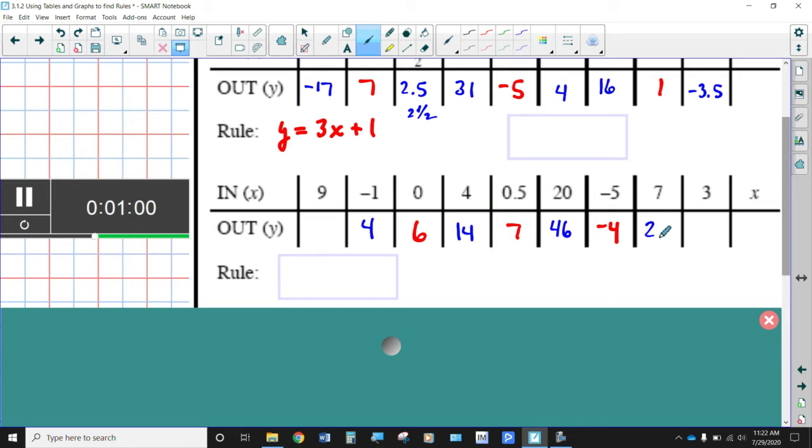Once again, as soon as you know the rule, you write it down, check out your time, see how long it took you to get that rule. Let's try this one. The last one. It's right here.